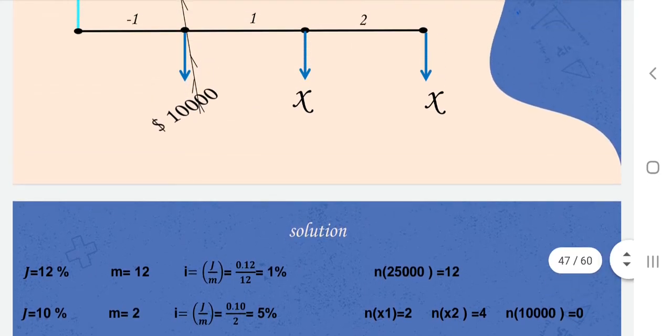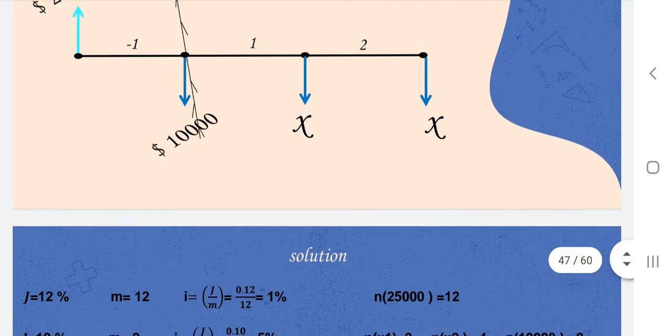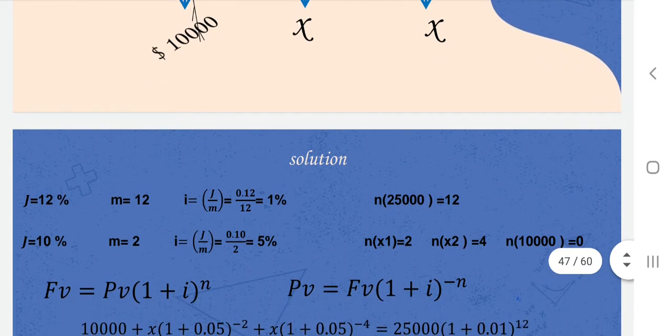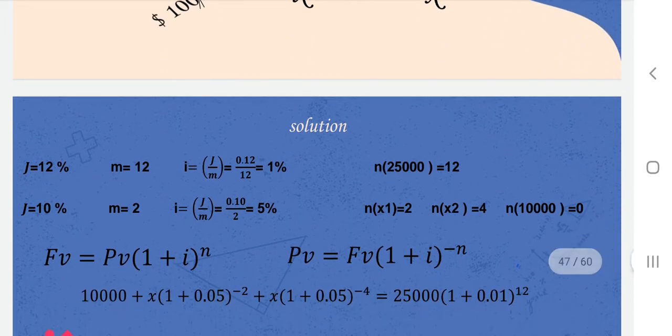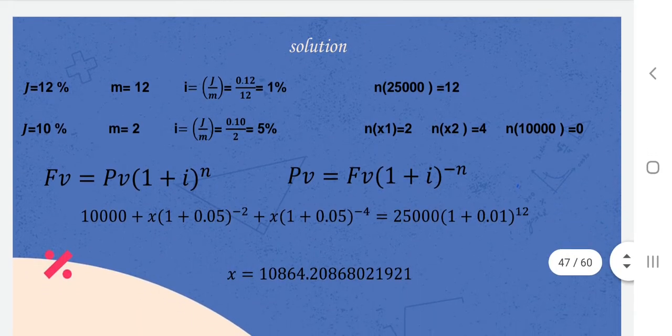And for the second x, the time equal 2, so n equal 2 times 2 equal 4. By substituting in a formula of future value and the present value, we can get x, which is equal 10,864.